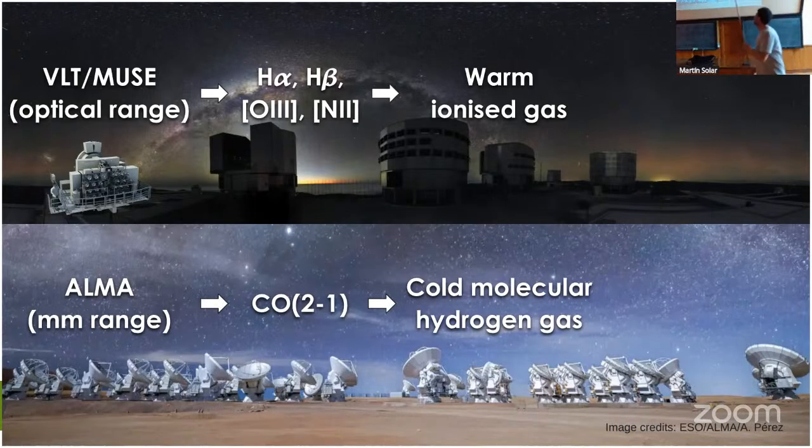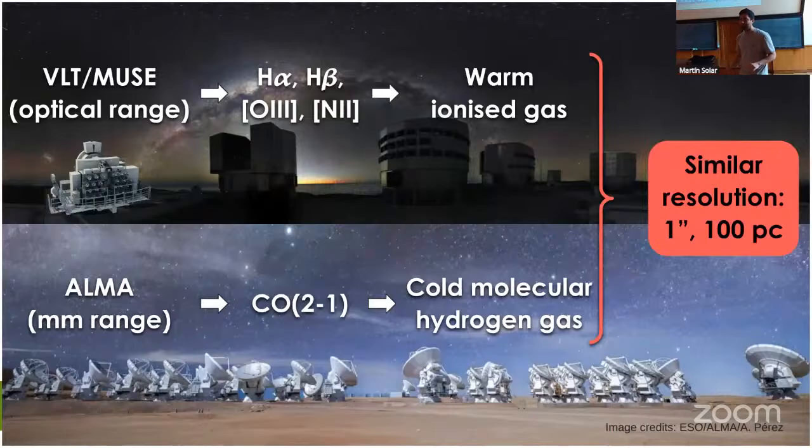And in this optical range, the observables that I want to focus on in this talk are H alpha, H beta, O3, and H2. And these are tracers of the warm ionized gas. On the other hand, we have ALMA covering only the millimeter range, using the molecule carbon monoxide, a proxy of the cold molecular hydrogen gas.